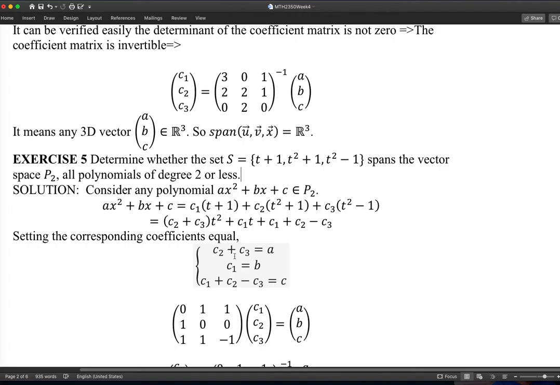We have a coefficient matrix times the unknown quantities C1, C2, C3, and the right-hand side is the coefficients of the polynomial of degree 2, arranged in vector form a, b, c.